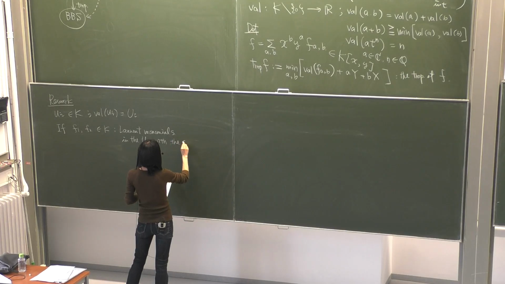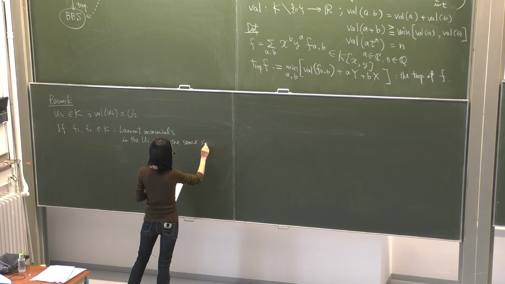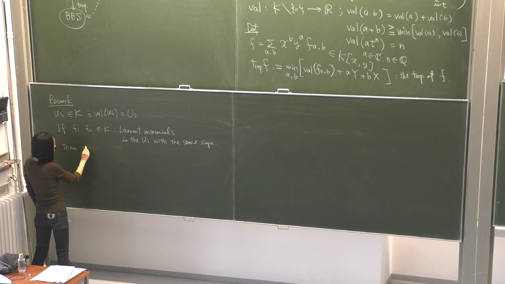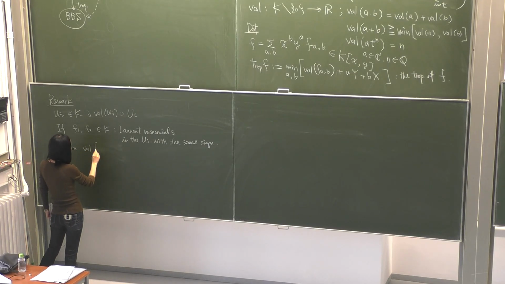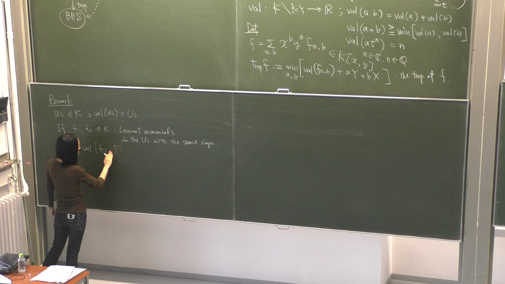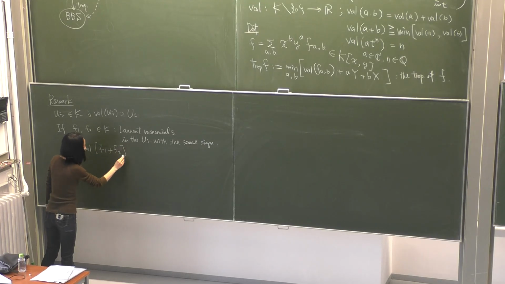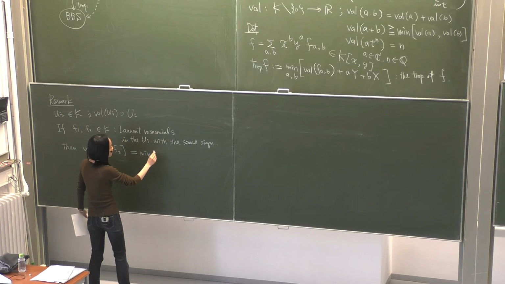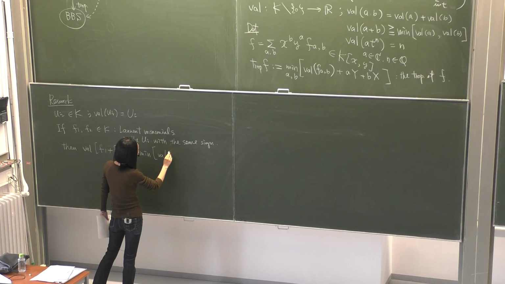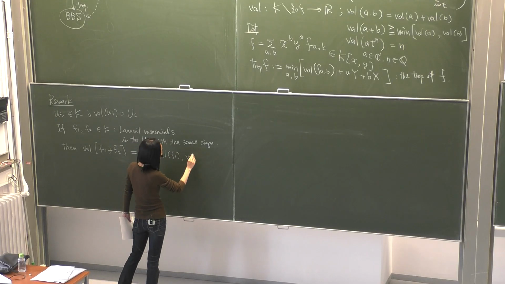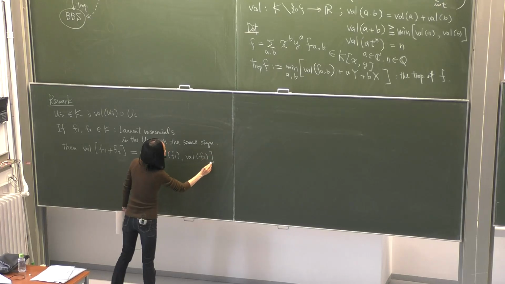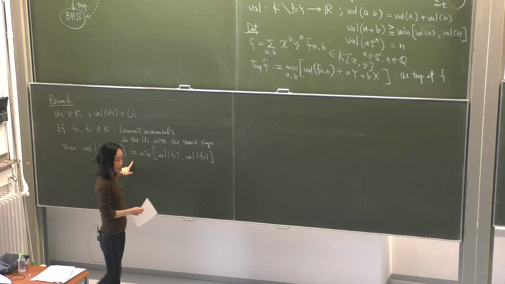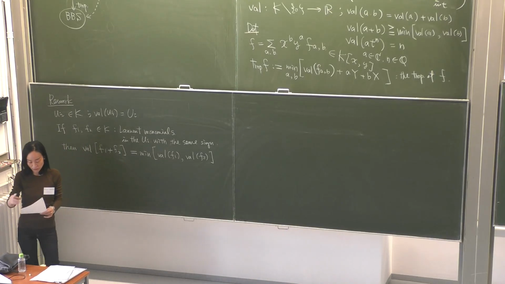Then the valuation of F1 plus F2 is equal to the minimum of the valuations of F1 and F2. So in this specific case, the inequality becomes an equality.